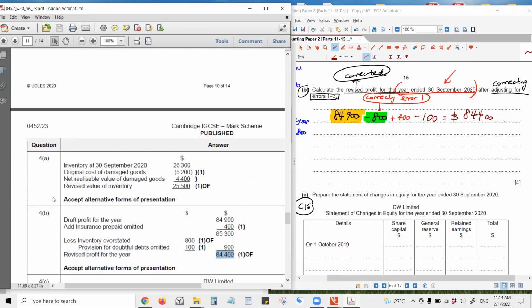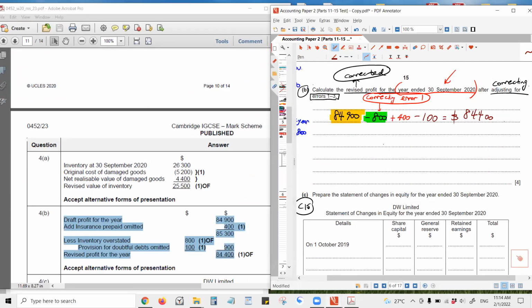So you see, the way the examiner presented the answer here looks different from how I presented the answer. I just show the plus and minus, a string of numbers, what plus what minus what. Then I show the final answer, just like what you do in math. It's okay. Our presentation is okay because it says calculate. Calculate means really just calculate.